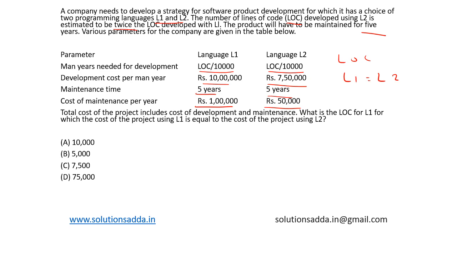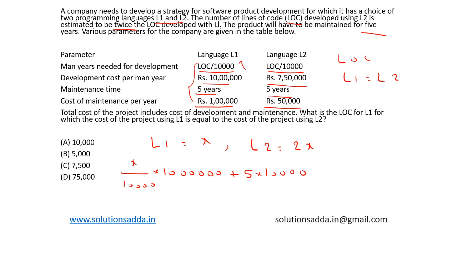So let L1 be having x lines of code and L2 will be having then 2x lines of code. Now the total cost will be the sum of all this, that is man years needed for development. We have x by 10,000 for L1 we are calculating now, into development cost per man year, it will be this value, plus 5 into this value, that is it will be product of this plus product of this.